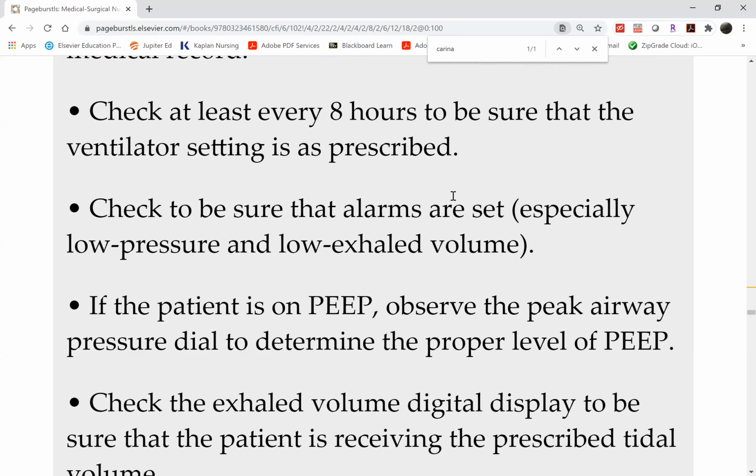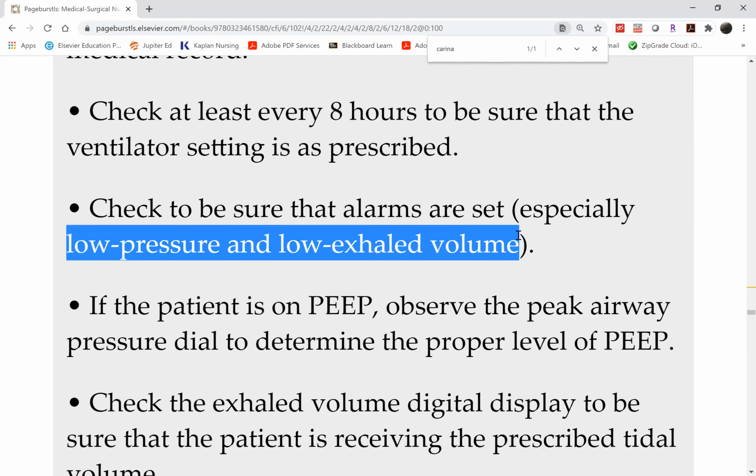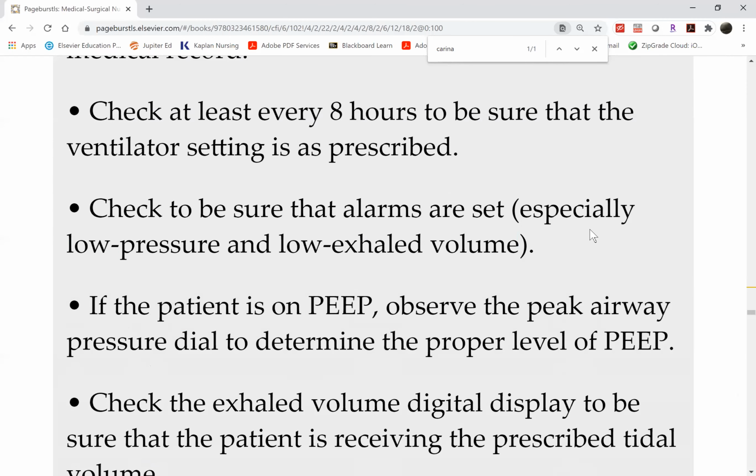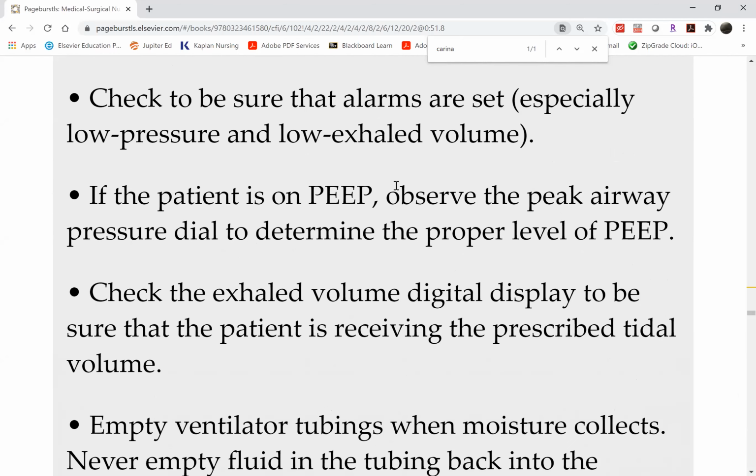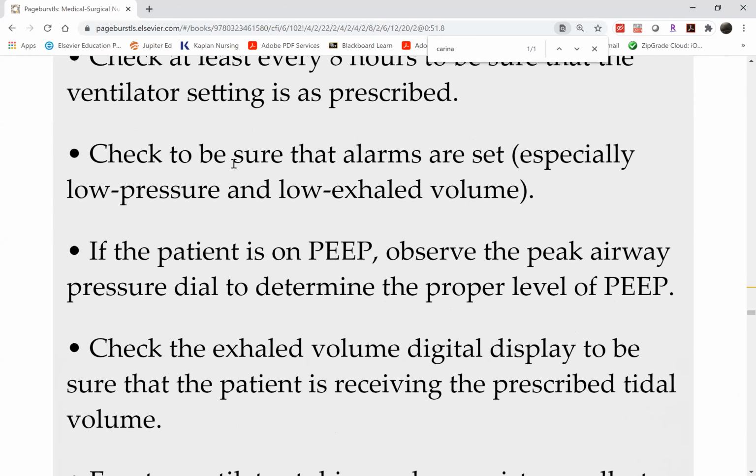Make sure your alarms are set. It won't let you program it, and it won't keep quiet until you set these on. So I don't know why they put this here, because there's no option to not set it. Unlike before, in older ventilators we could mute it, nowadays you can mute it only for about 2 minutes to allow alarm-free sessions when you're suctioning the patient.